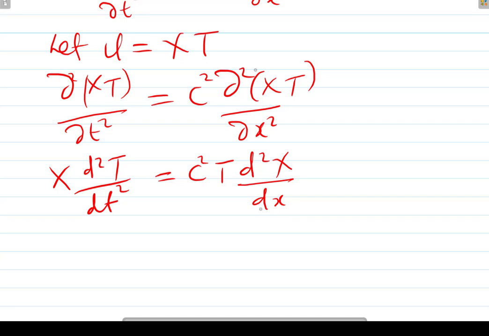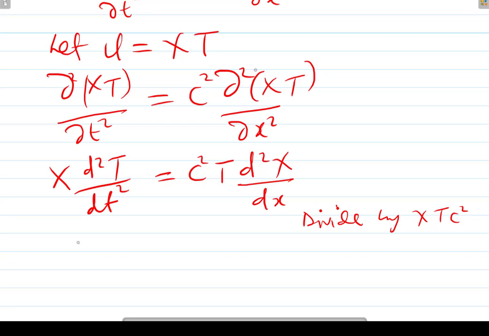Now when we are separating variables, we don't want a situation where, when dealing with the auxiliary equation, we have this constant c². So what we do is divide by X T c². We want to get rid of this, because when finding the auxiliary equation we don't need this to have a constant.